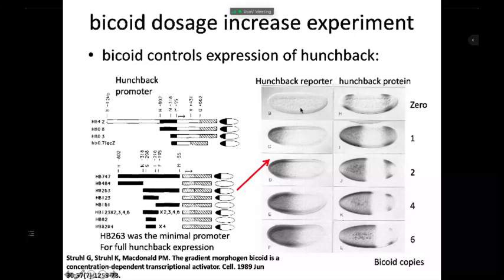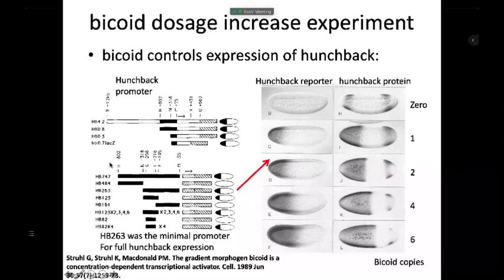So we have a hunchback reporter, which tells us what the activity of hunchback transcription is, and then we can do antibody staining to determine where the hunchback protein is in space.